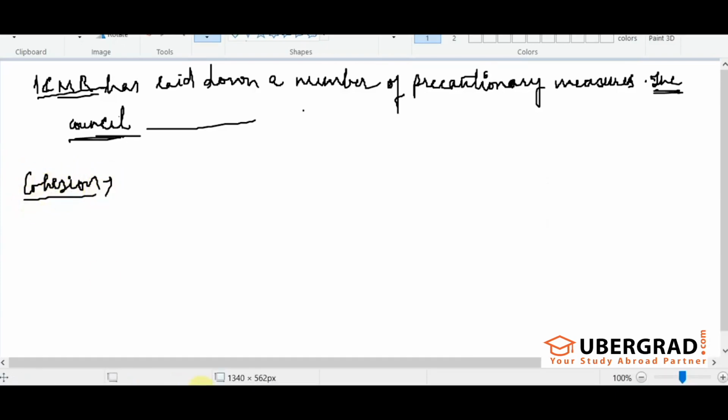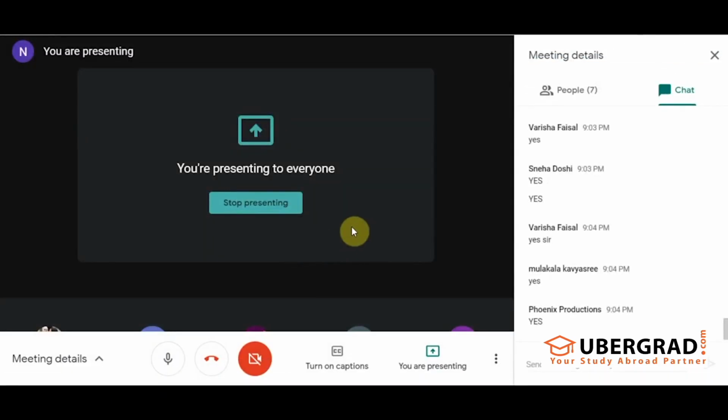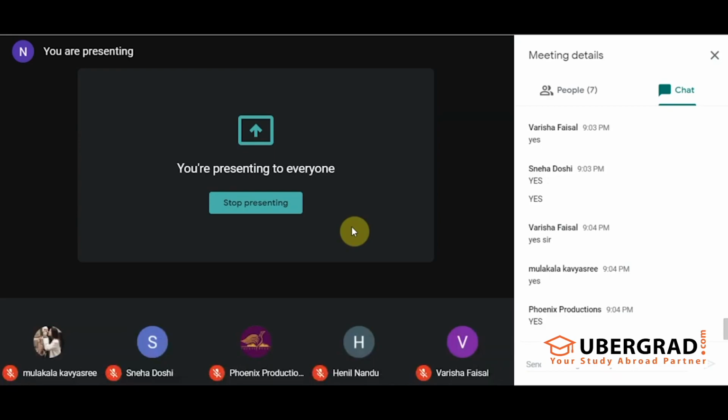And as I said, cohesion relates to your flow in the writing. So there are few grammatical devices known as cohesive devices which are used to maintain the flow in the writing.